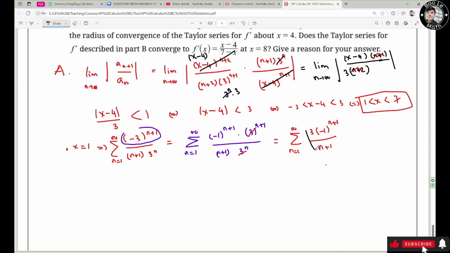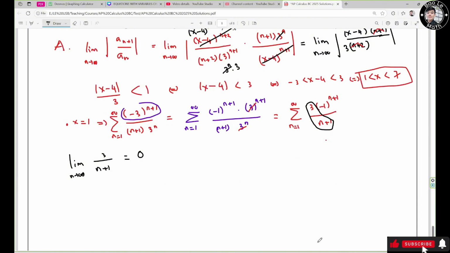Now we're going to take the limit of this guy when n approaches infinity, right? So the limit of 3 over n plus 1 when n approaches infinity. This guy is actually 0, right? So by the alternating series test, the series is convergent, right?